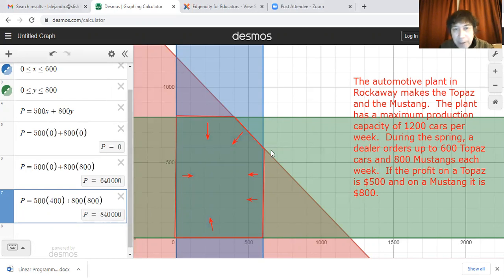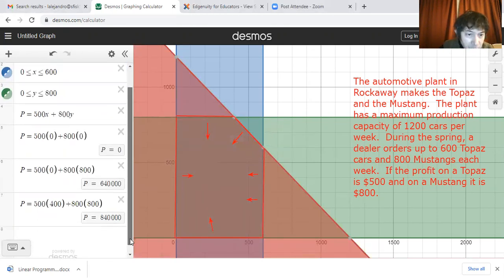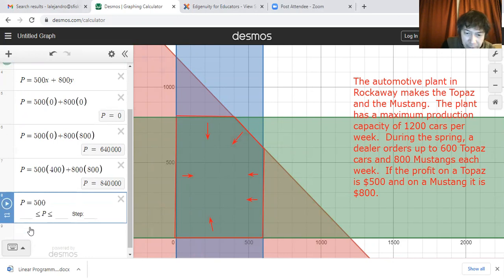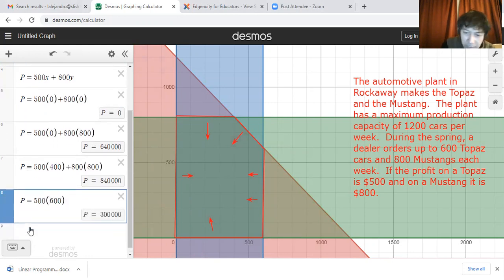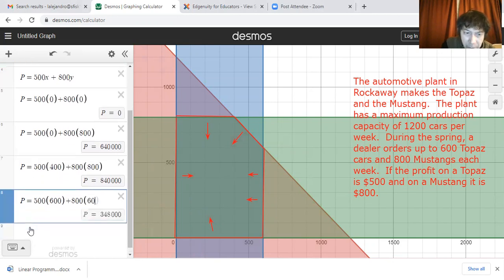All right, let's proceed to the fourth point over here. This is 600, 600. This will have to be used for the same profit statement: 500 times 600 plus 800 times 600 again. We have 780,000.